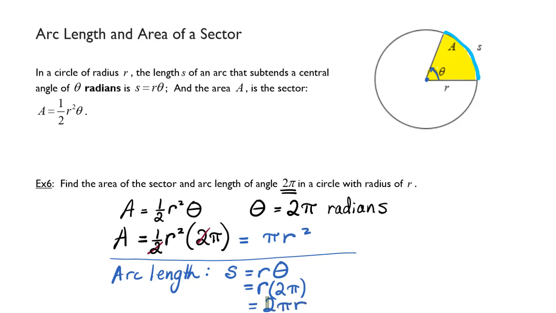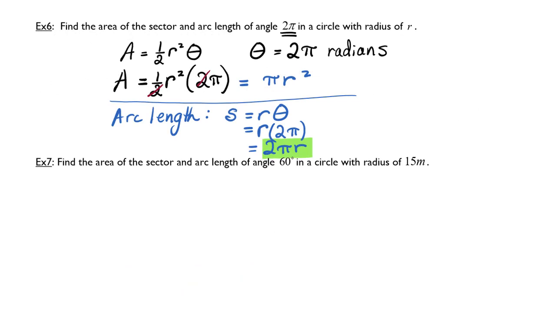Notice that 2 pi r is the circumference of a circle. So it is a direct relationship, and I think it's interesting that when r is a variable, it looks exactly like the formula for the area of a circle and the circumference of a circle.